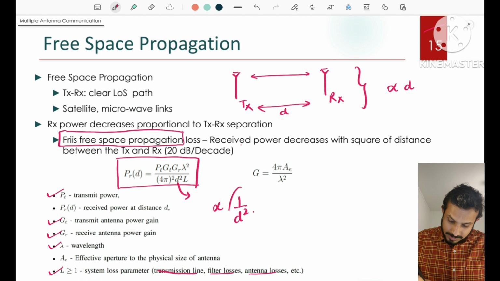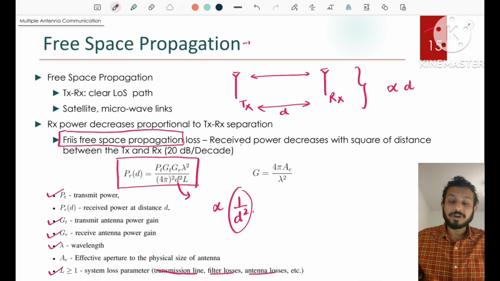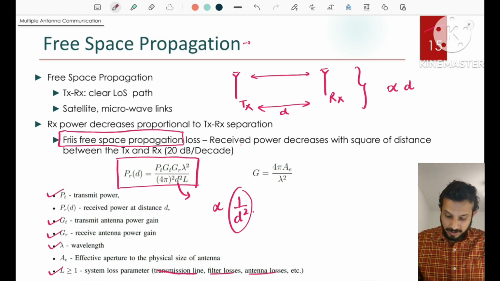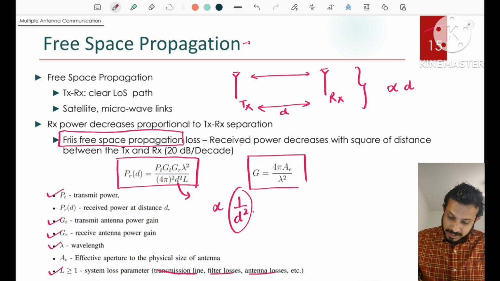So this implies that for a free space propagation model, the received power decreases by 20 dB per decade in logarithm. And the antenna power gain is represented by 4 pi Ae by lambda square.